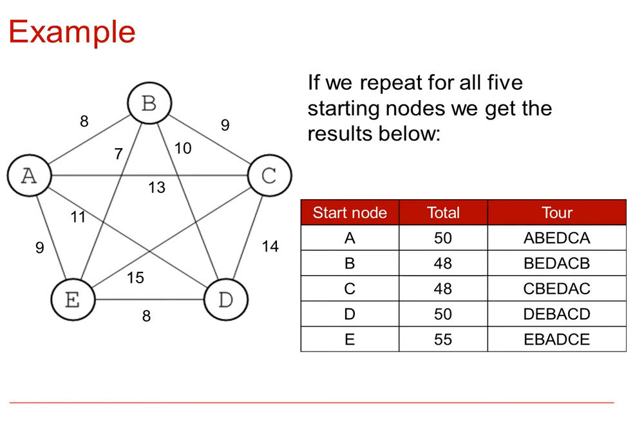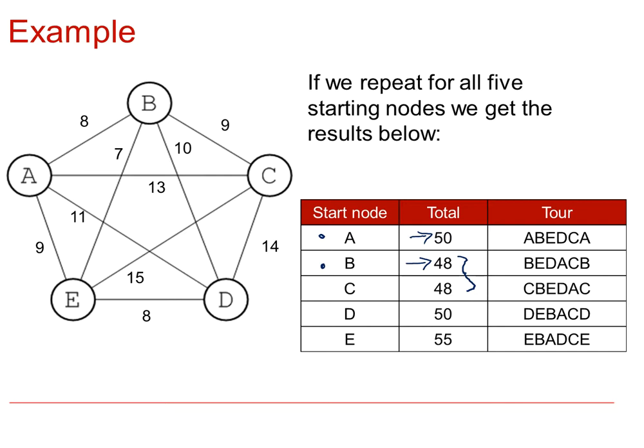Here we have a table of results had we carried on beyond the A and the B, for which we got our 50 and our 48. So the other three results would be 48, 50 and 55. And you can see therefore that the B and C gave the least upper bound. So let's have a look and see.